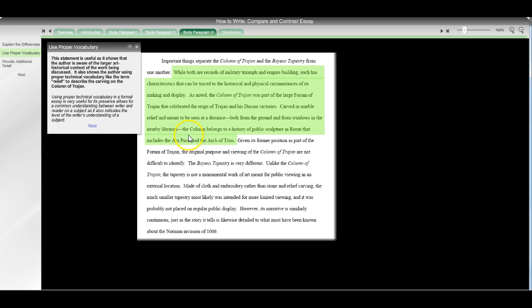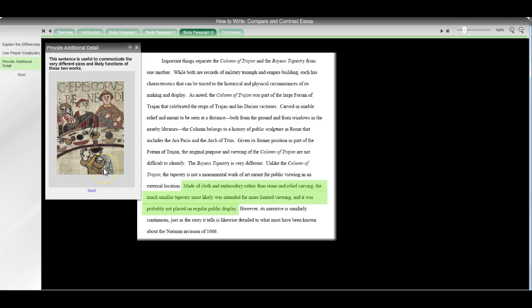It also allows the author, using proper technical vocabulary like the term relief, to describe the carving in the Column of Trajan. Therefore, using proper technical vocabulary in a formal essay is very useful, for its presence allows for a common understanding between writer and reader on a subject, as it also indicates the level of the writer's understanding of a subject. Next screen.